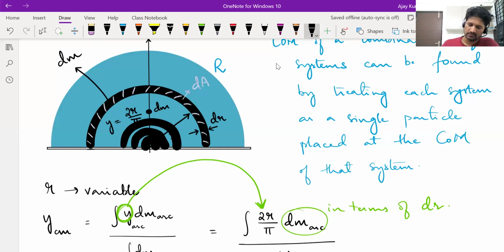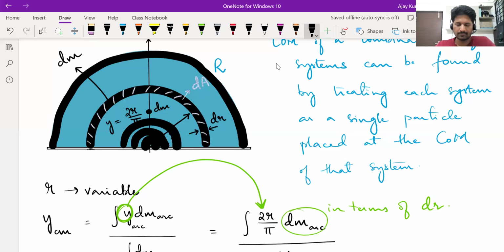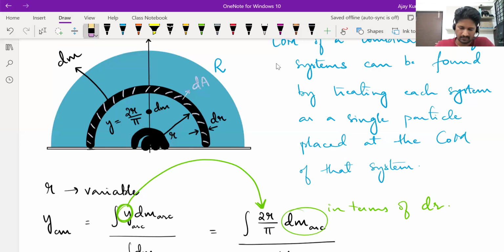Means, what is the radius of the first semicircular ring and the last semicircular ring that we have to consider?